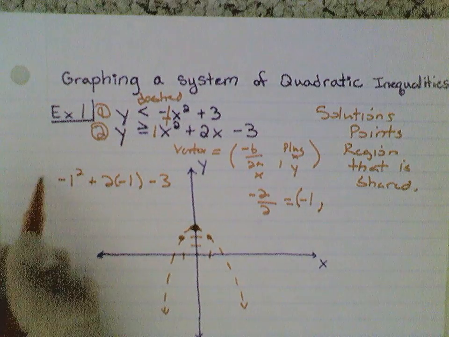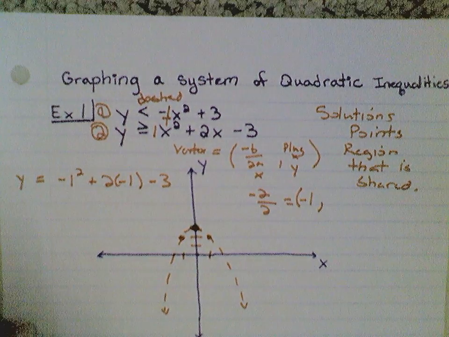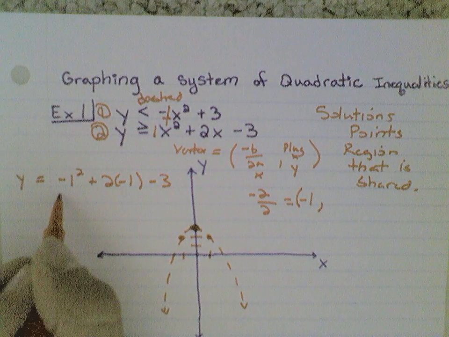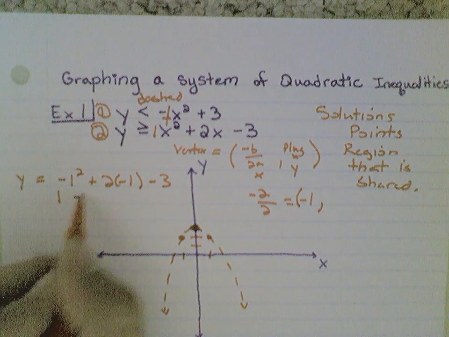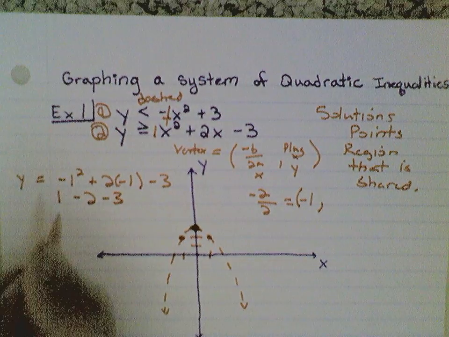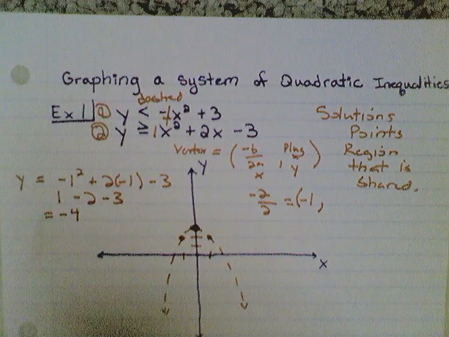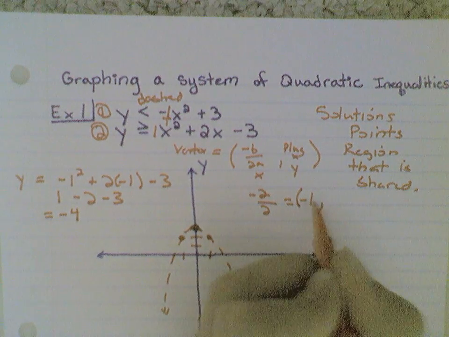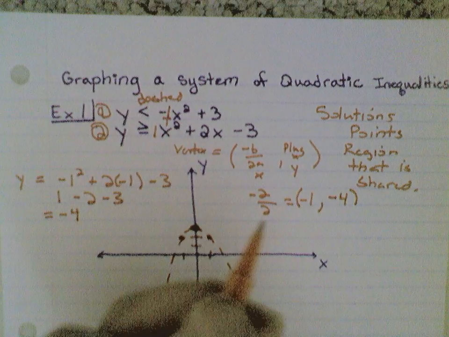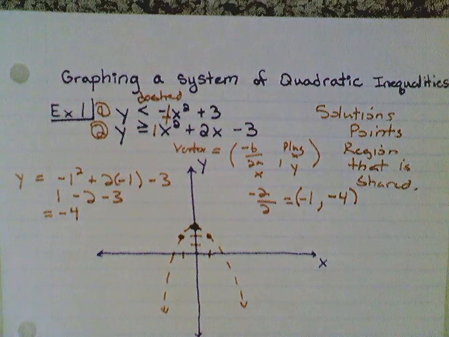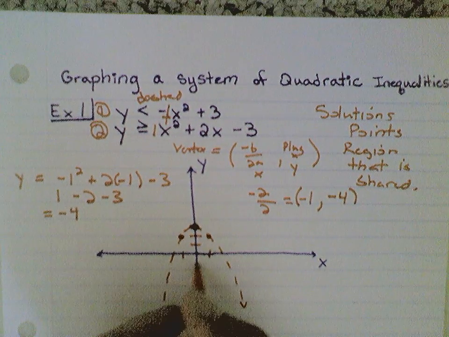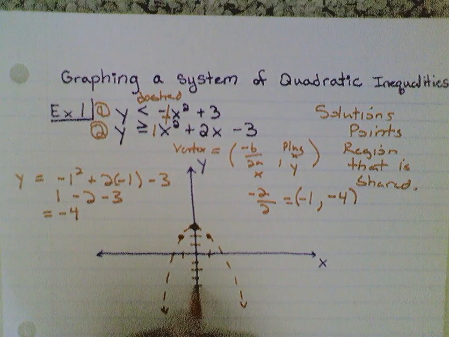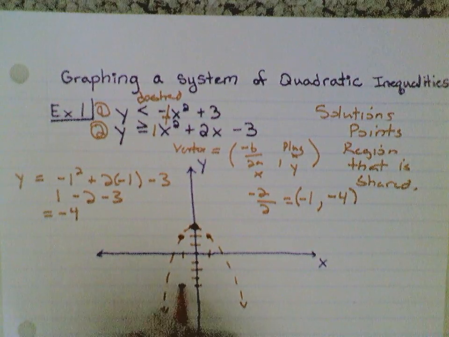Then I can solve this and it'll give me the y value. -1 squared is 1, 2 times -1 is -2, and minus 3, I'll end up with -4. So my vertex is at -1, -4. If I graph that, I go to -1 and then down 2, 3, 4, and my vertex point will be at this point.